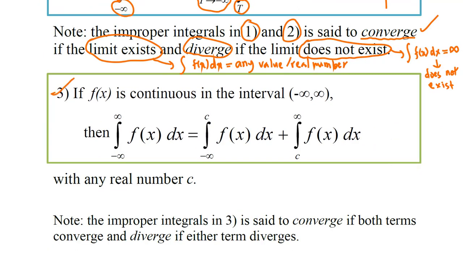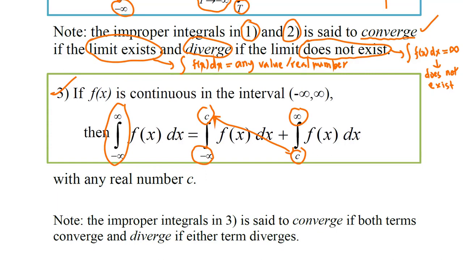And now the third limit for type 1. You have negative infinity to infinity. You can split it into 2: from negative infinity to c, any real number, and then from c to infinity.